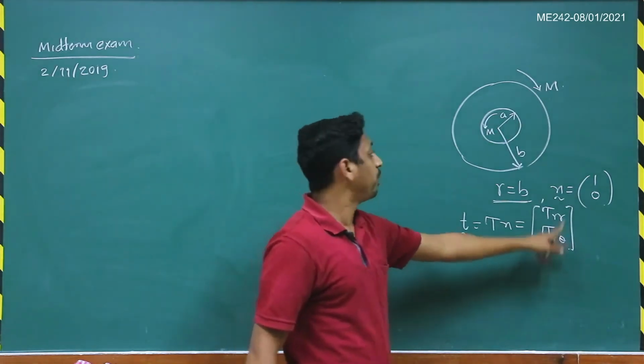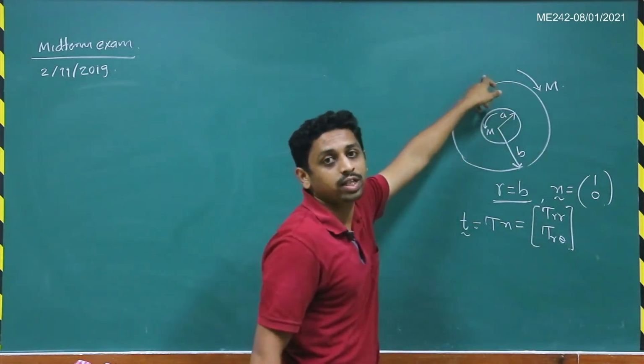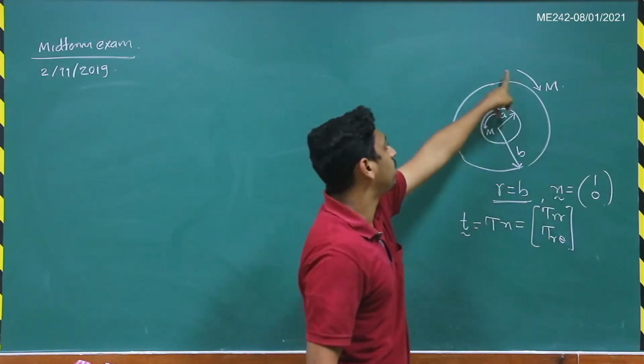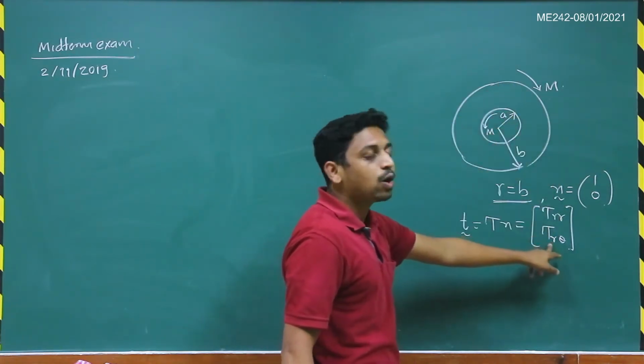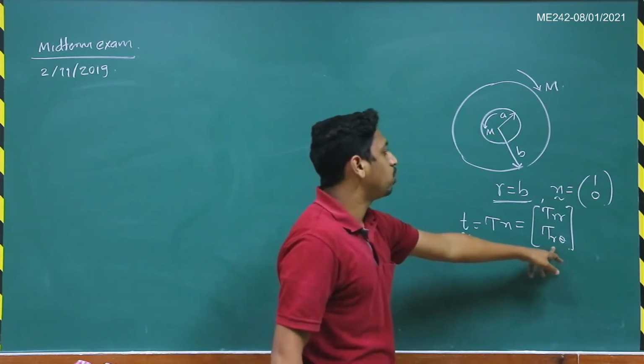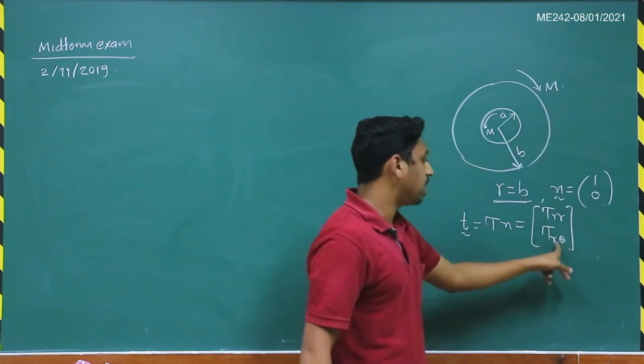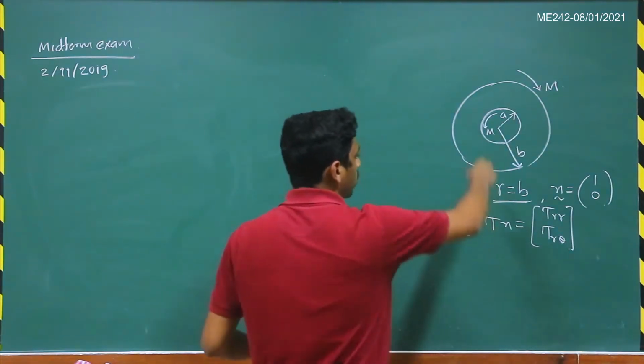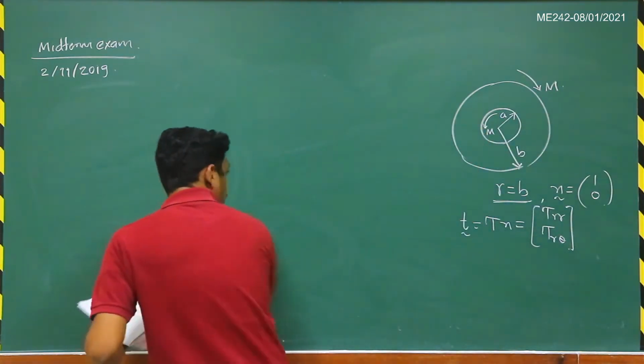So we cannot put a boundary condition on tau r theta here. We can put a boundary condition on tau r to be 0 on this surface and this surface, but tau r theta in general cannot be 0 because this moment is generated through these tangential tractions tau r theta applied on the surfaces r equals A and r equals B.